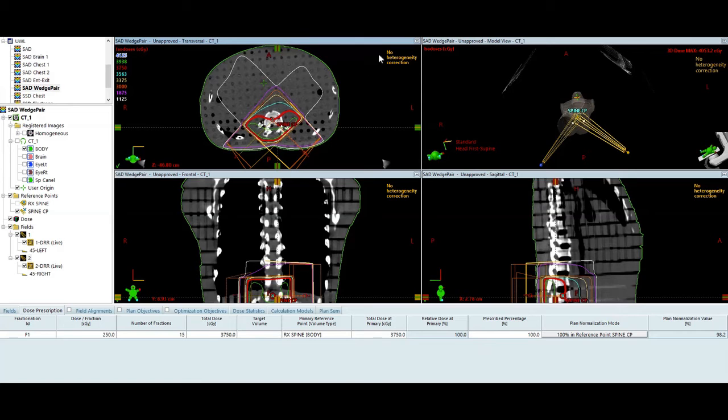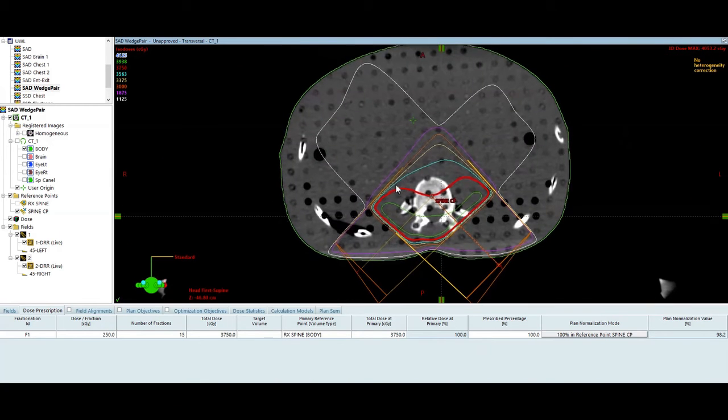Again, I have no heterogeneity correction, so it's a water equivalent phantom. The dose gradient in this case has improved. You can see my wedges.